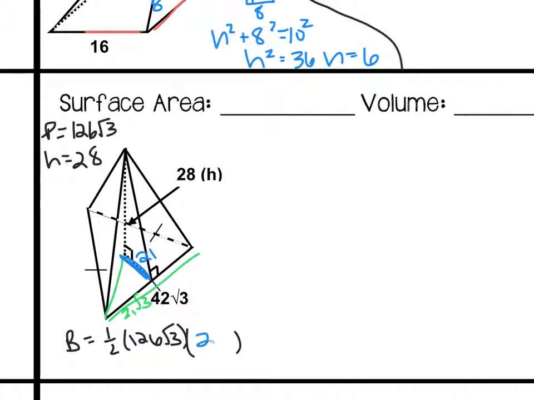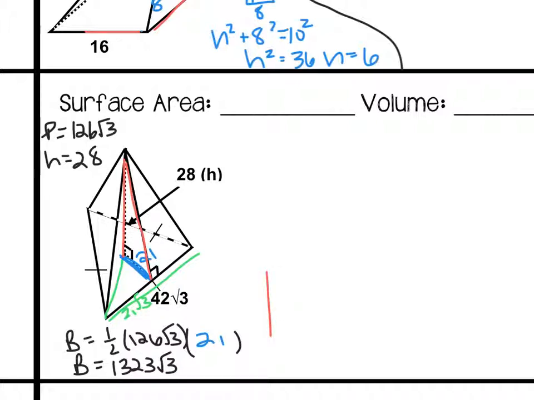So my apothem is 21. If I simplify that, the area of my base is going to be 1,323 square root 3.